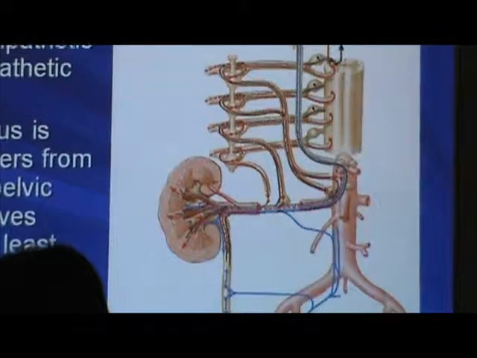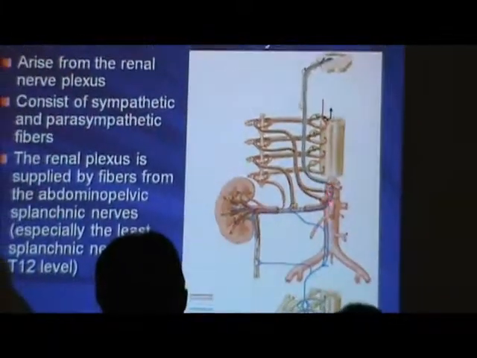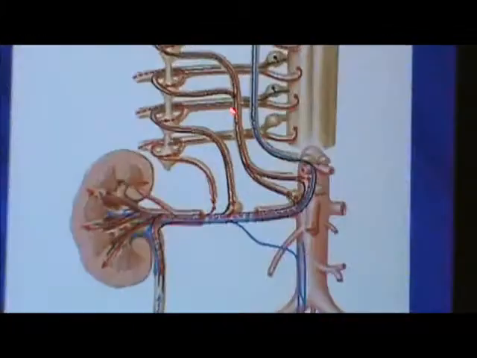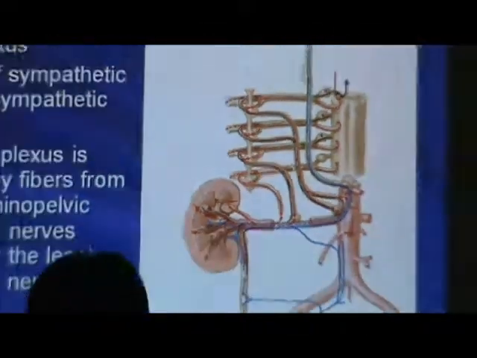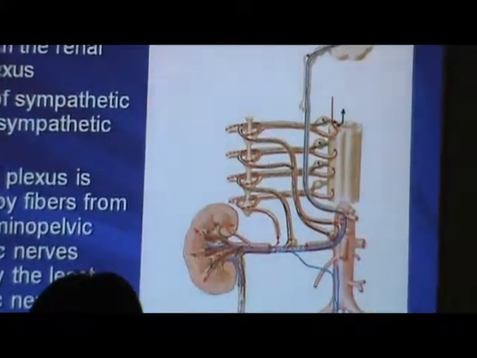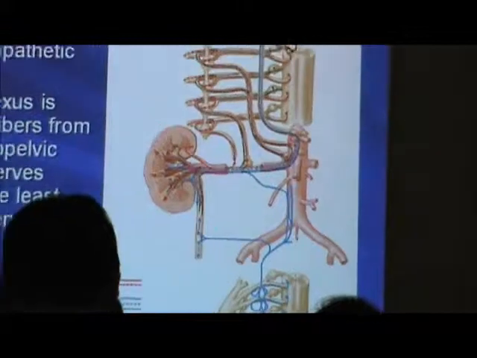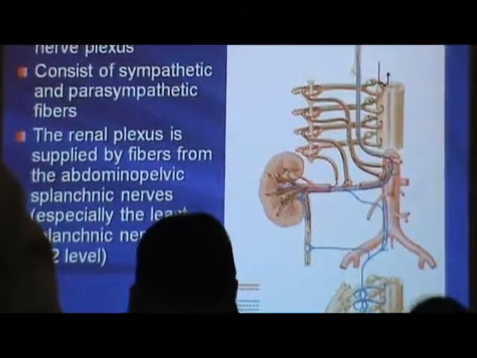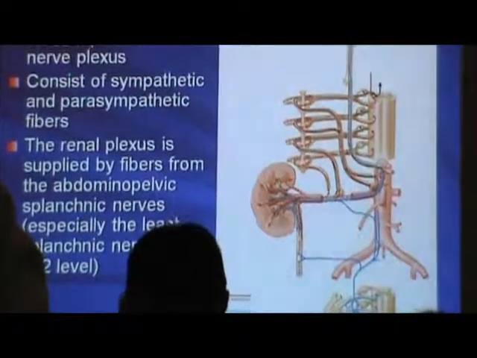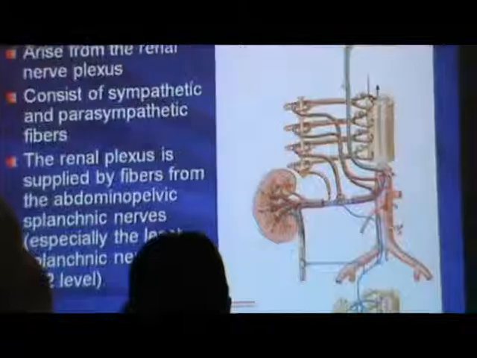The renal plexus is supplied by fibers from the abdominopelvic splanchnic nerves, especially the least splanchnic nerve, from the T12 level of the spinal cord. Remember, we had the greater splanchnic nerve, the lesser splanchnic nerve, and the least splanchnic nerve from T12.